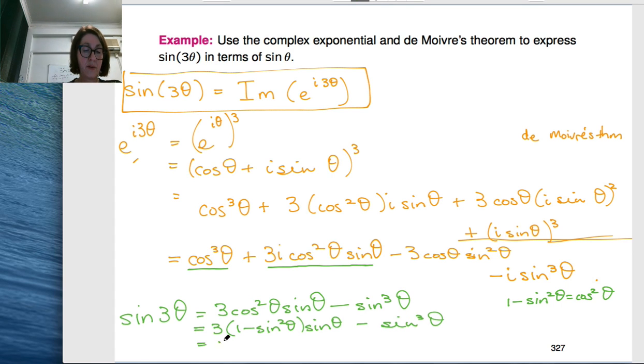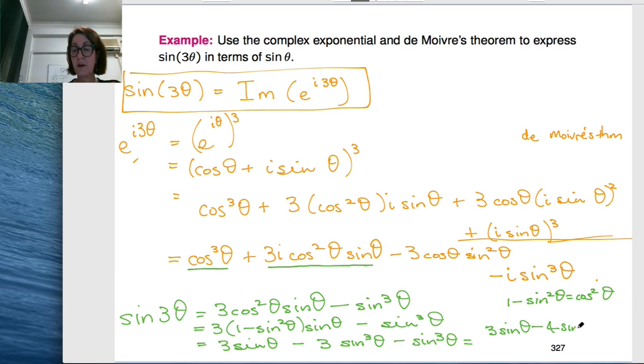So this is 3 sine theta minus 3 sine cubed theta minus sine cubed theta. So that's 3 sine theta minus 4 sine cubed theta. And I'm done.